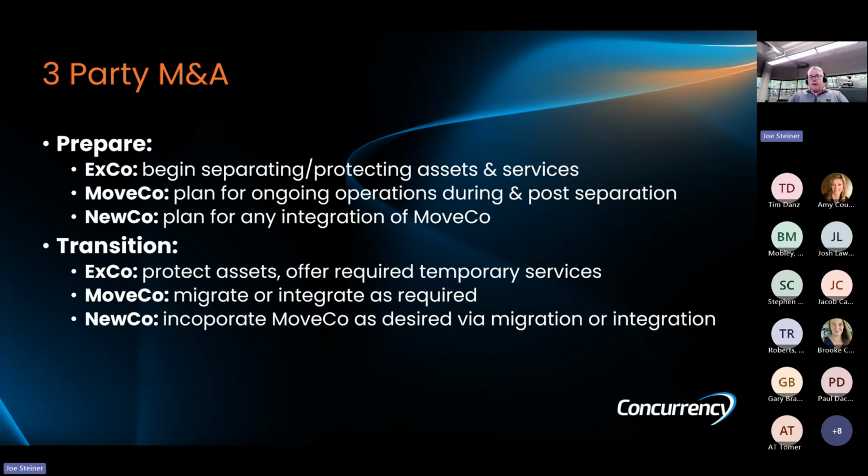MoveCo is dealing with how to maintain ongoing operations. We're going to be separated from how we're operating today, so we need to make sure there are no major disconnects in services, so that it can continue to operate while it's being acquired by the new entity or moving off on its own. And NewCo is dealing with how to bring in MoveCo, the business unit that's moving in. How are we going to integrate that into our environments?